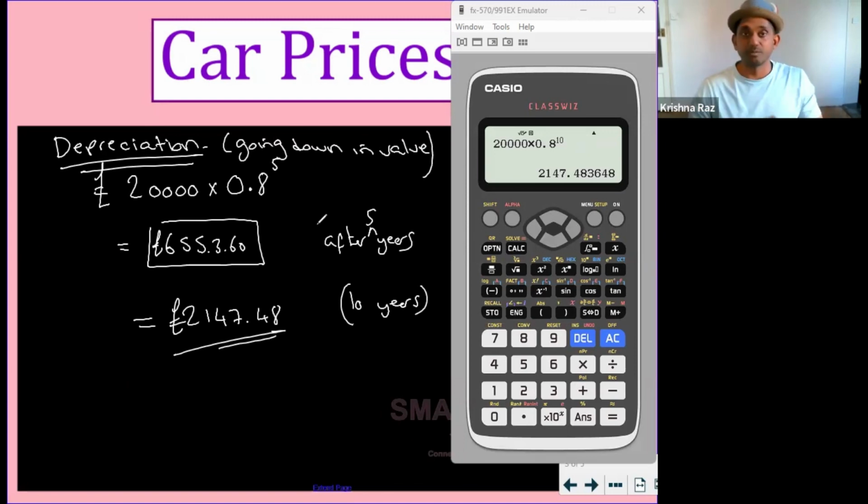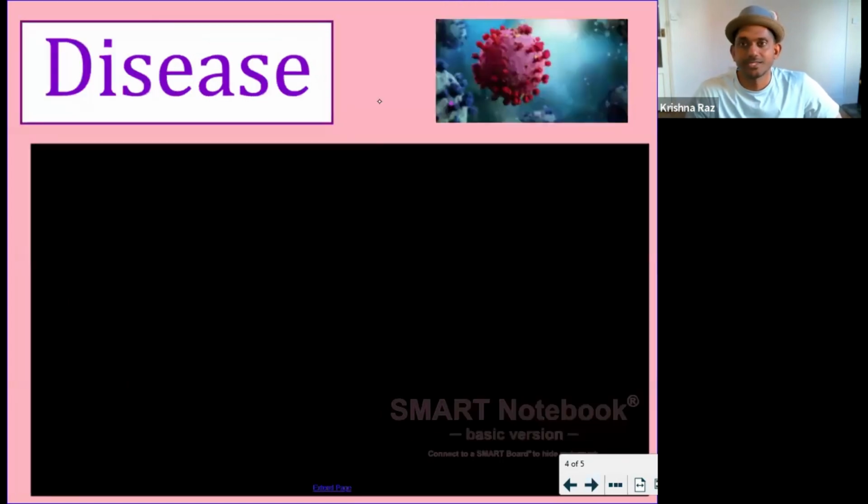So the third example I said at the start, where we'll see it in everyday life, is disease. Has anyone ever heard of something called COVID-19, the coronavirus? Yes? So why was that worse than the common cold?